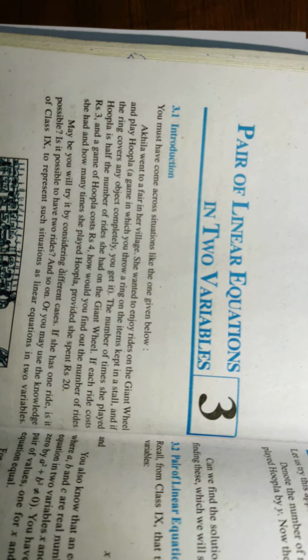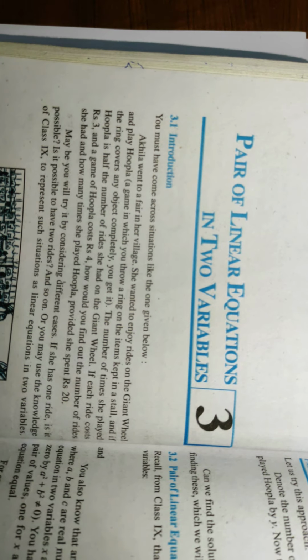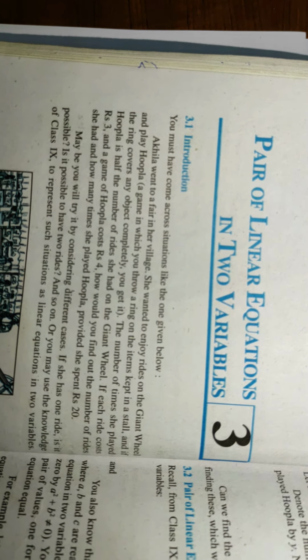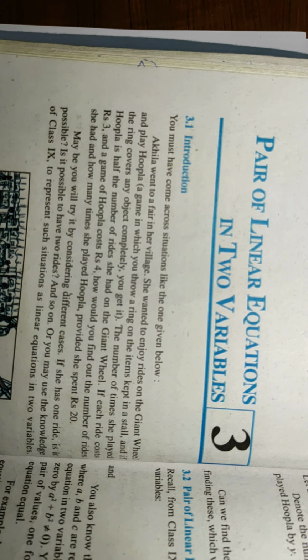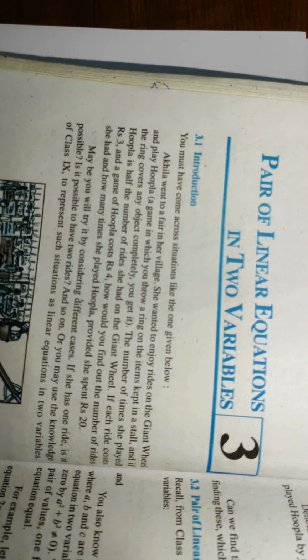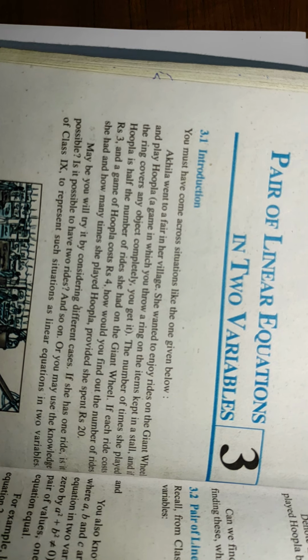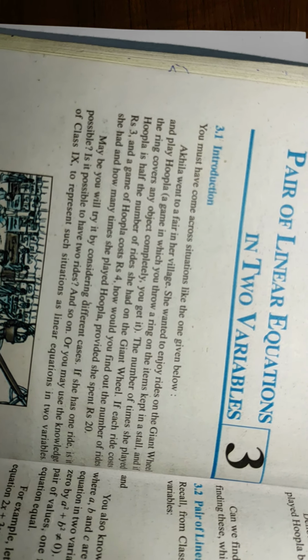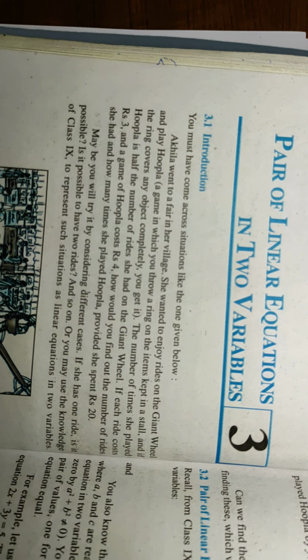The number of times she played hoopla is half the number of rides she had on the giant wheel. If each ride costs rupees 3 and a game of hoopla costs rupees 4, how would you find out the number of rides she had and how many times she played hoopla, provided she spent rupees 20?